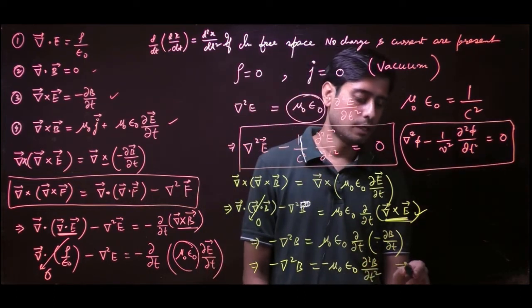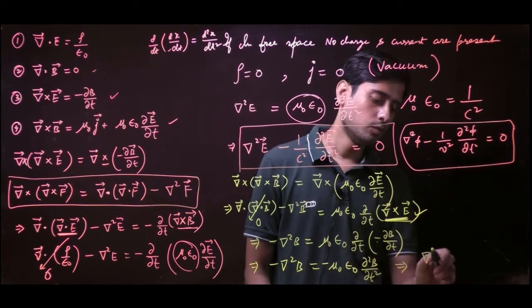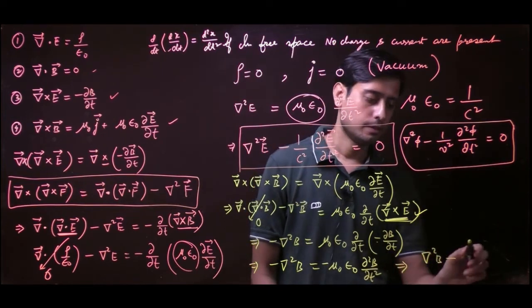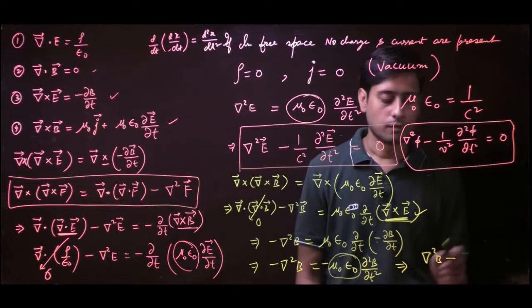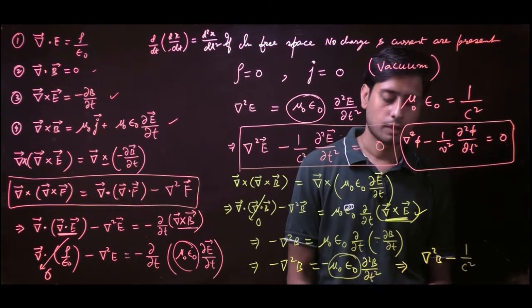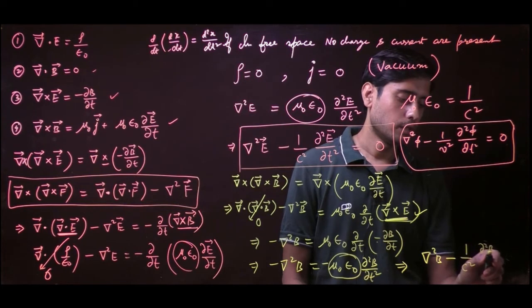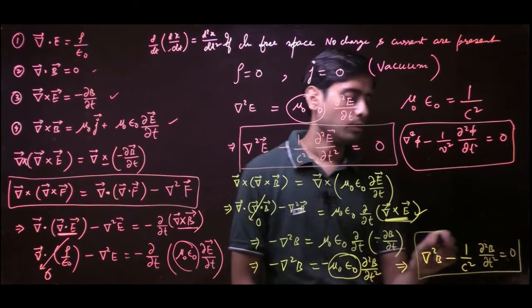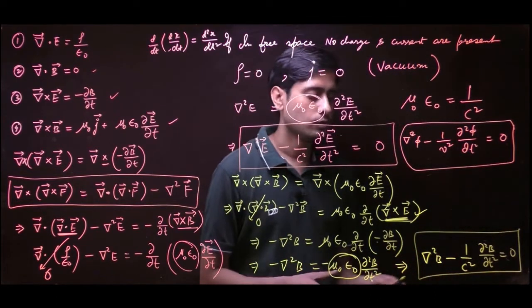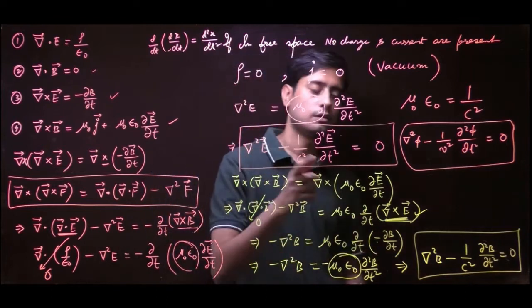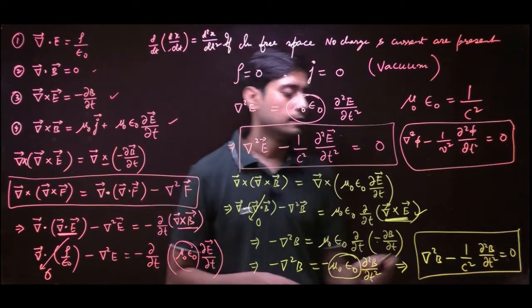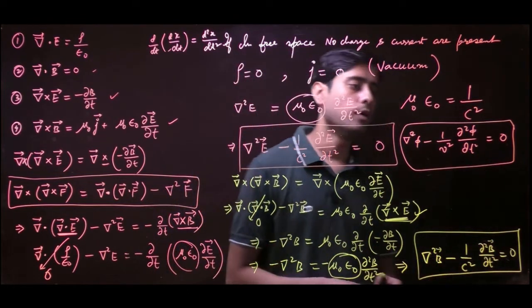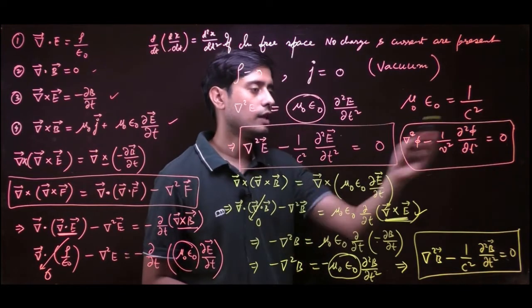So from here you get del squared B minus, now you know that this epsilon naught mu naught term becomes 1 upon c squared, so 1 upon c squared del squared B upon del t squared. So for the magnetic field also you get the same kind of equation, and these two equations are of the same form as a wave equation.